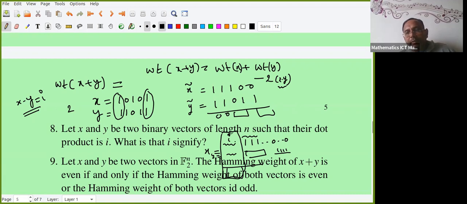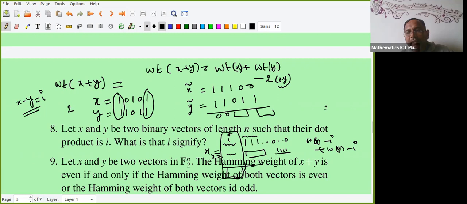So why is this so? See, these are anyhow 0. So the weight of x plus y is the weight of x minus I plus the weight of y minus I. The weight of x minus I ones will contribute, and below, the weight of y minus I ones also contribute.